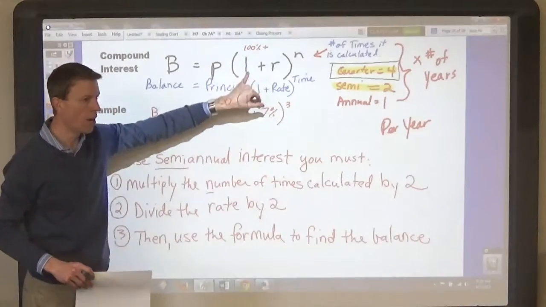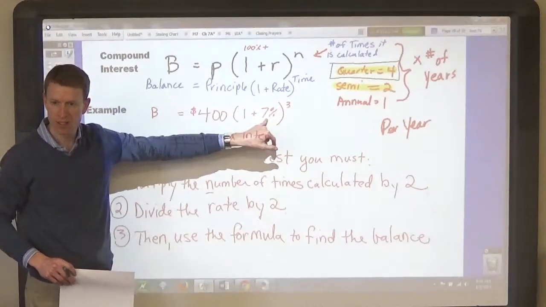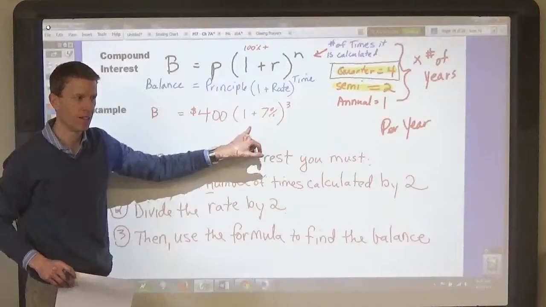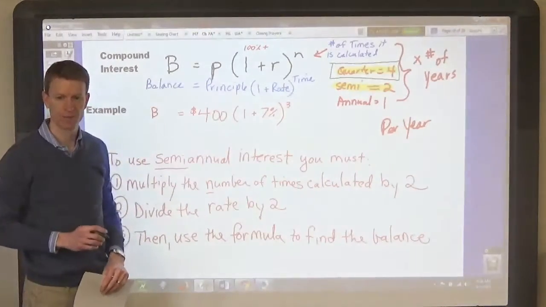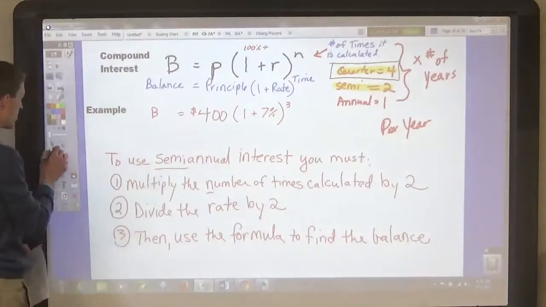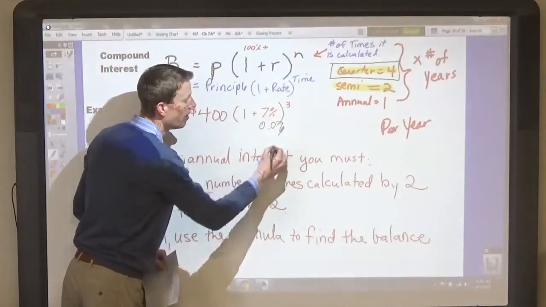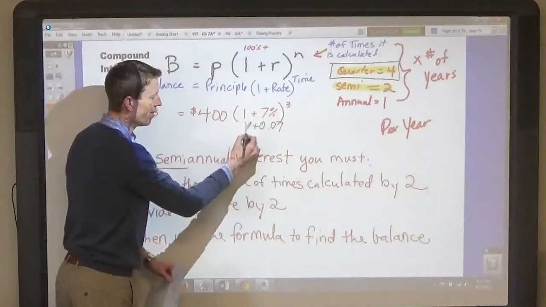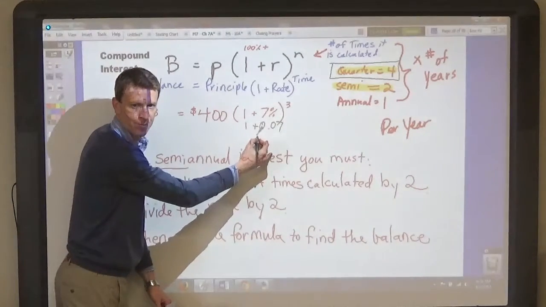So we're going to use 1 plus the rate, and if the rate is 7%, how would we find this number in the parentheses? What would that decimal number be? 0.07. Close. That's the decimal form of this, 0.07 plus 1. So we're going to use what?